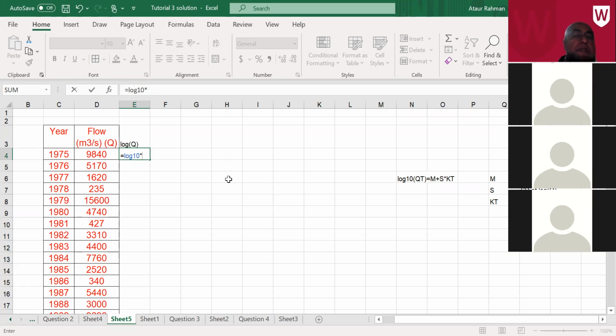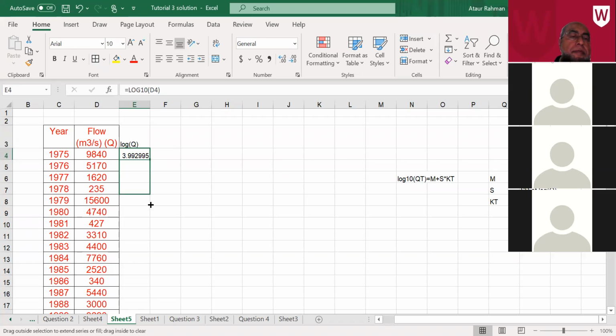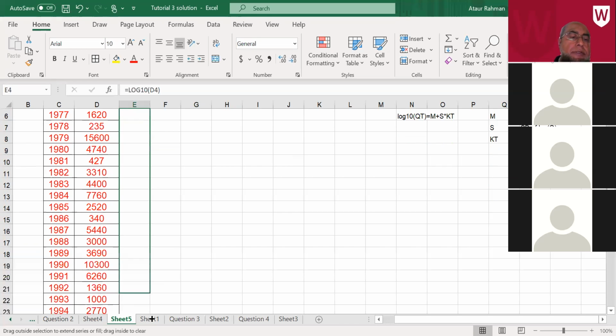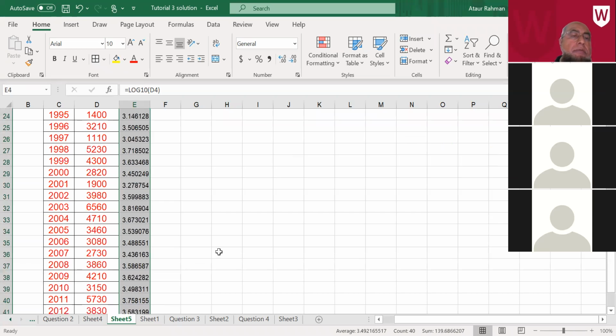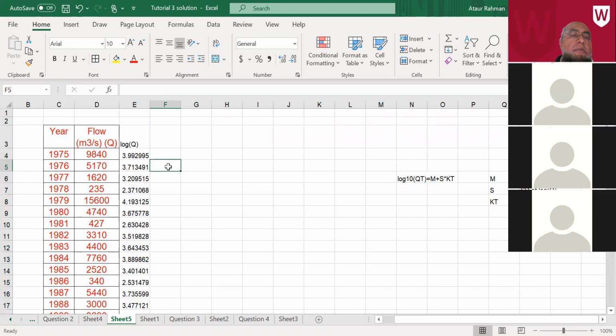I think we don't need times here. So that is our log data here. Then we have to find the mean of that data, which is our m.